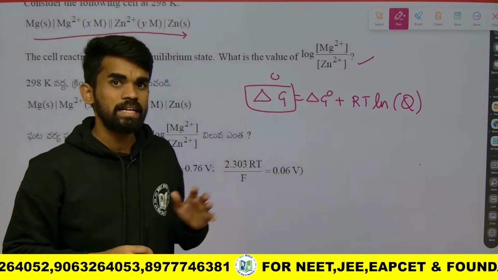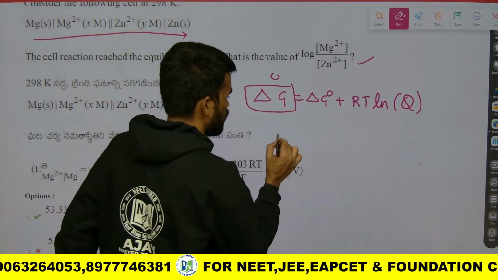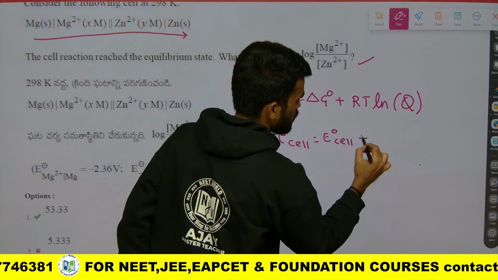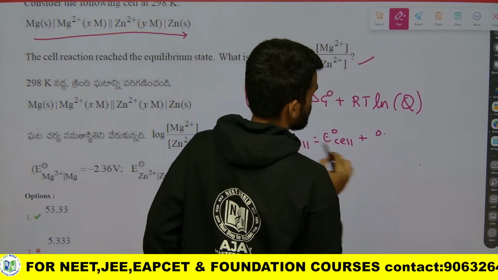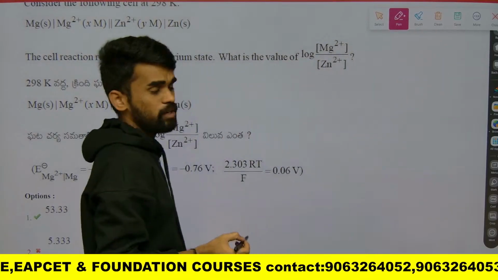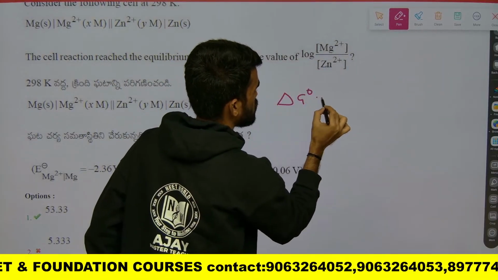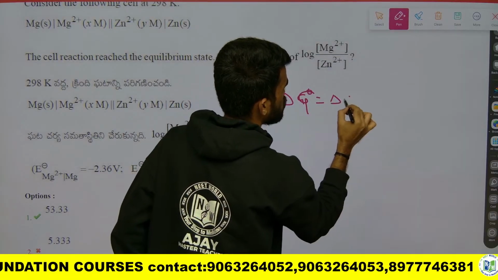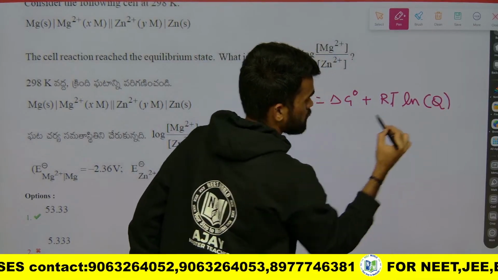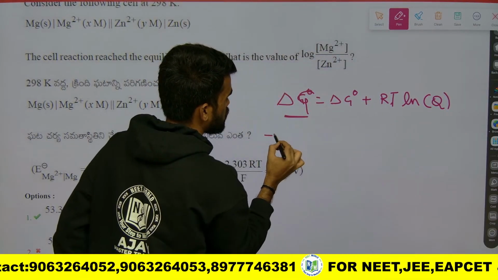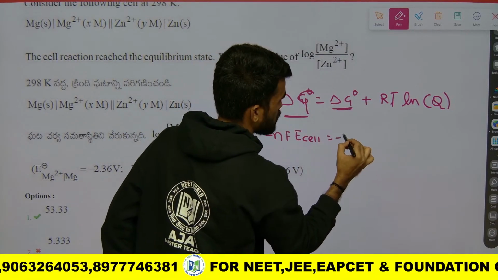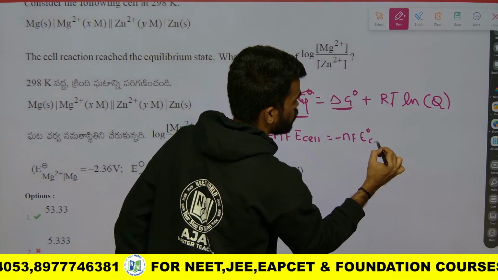From this we can get the Nernst equation also. How do we get that equation? From the basic equation ΔG = ΔG° + RT ln Q, ΔG is −nF E cell, and ΔG° is also −nF E° cell.